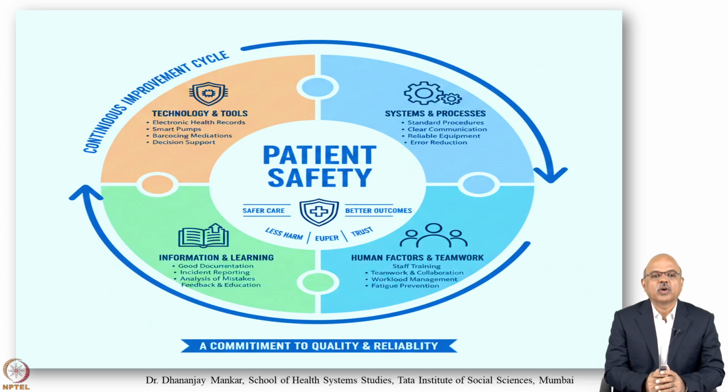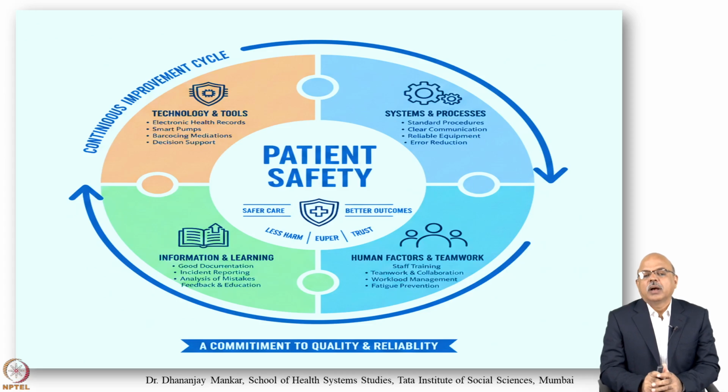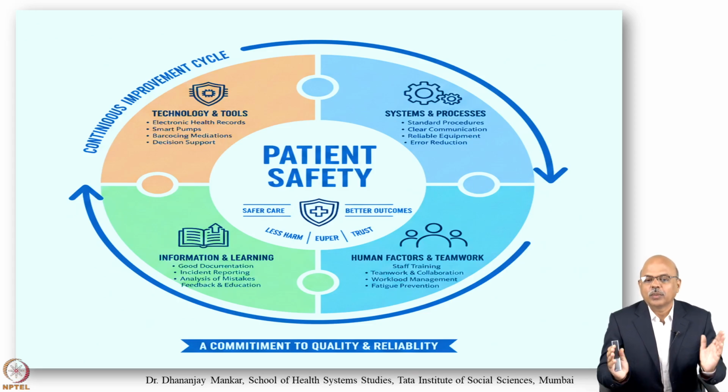Here is the framework for patient safety from the system point of view, where you find standard procedures, clear communication, reliable equipment, and error reduction. With respect to humans involved in the entire healthcare gamut, it emphasizes teamwork, staff training, collaboration, workload management, and fatigue prevention.